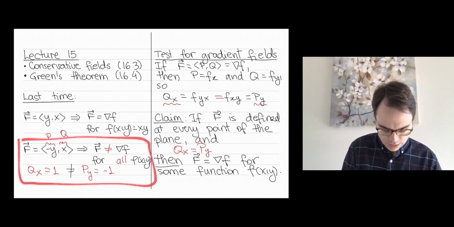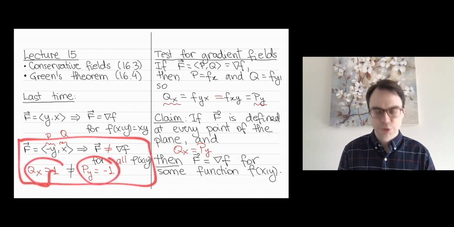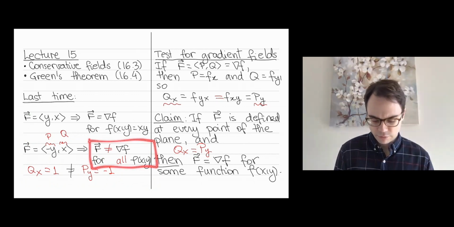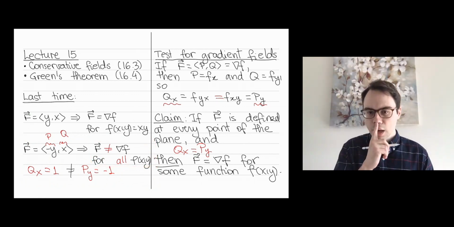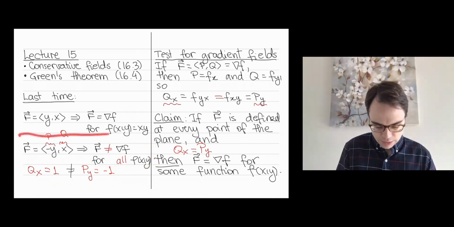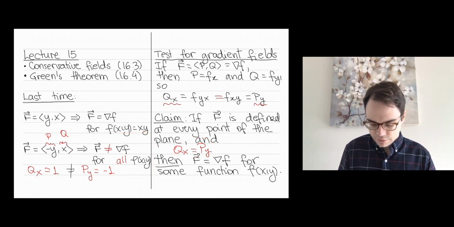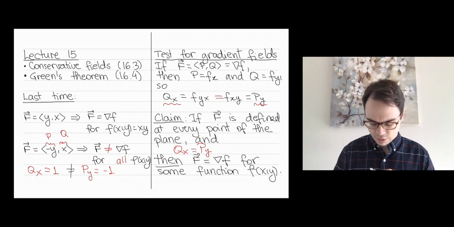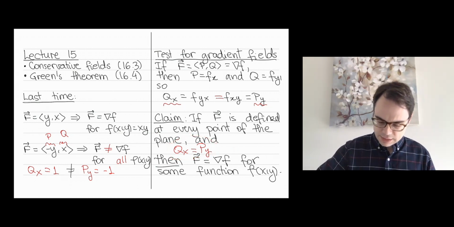So down here, I just checked that the two partials were different, and then I was able to conclude that f is not the gradient of any function in this case. So this I can always do, but it turns out that if the vector field is defined at every point in the plane, then I can use this condition to prove the vector field is a gradient field, right? So let's see that happening.